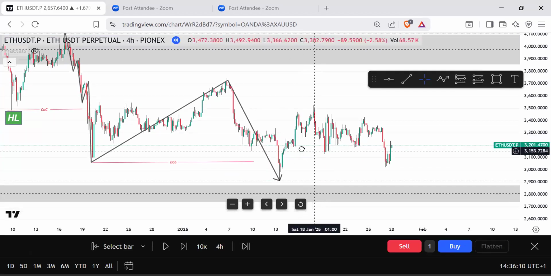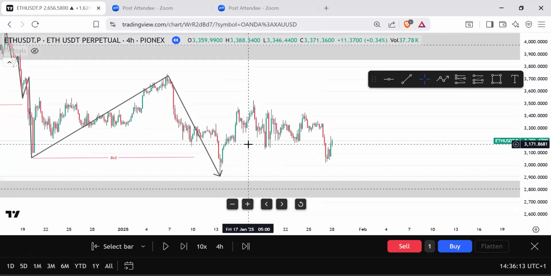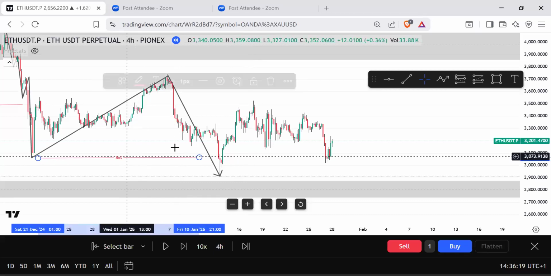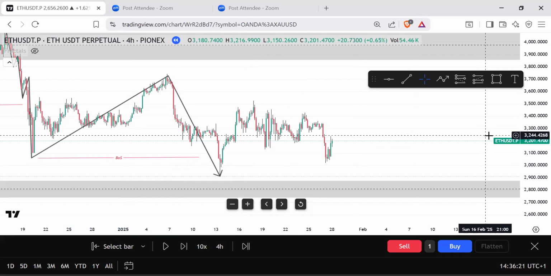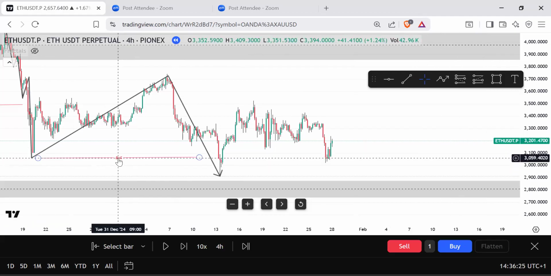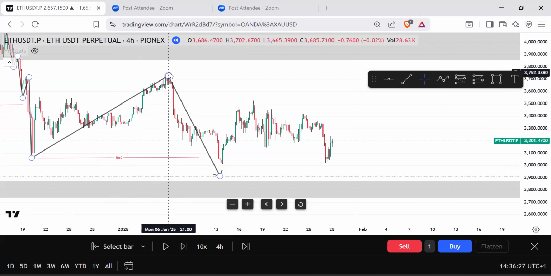Okay, so the criteria we use to know a zone: the break of structure is number one, then the fair value gap is number two. Now, the move that causes the break of structure started from here.